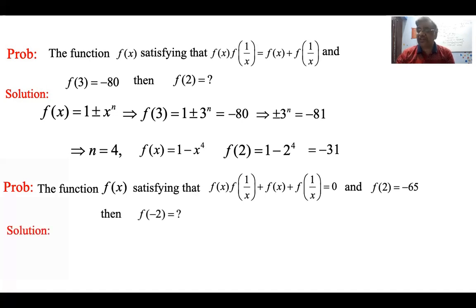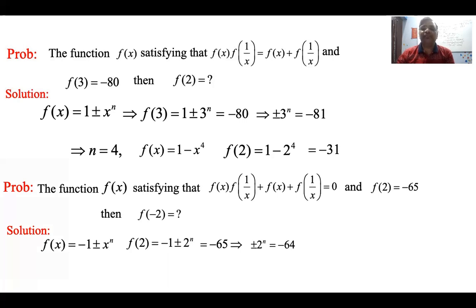Because of that condition, from concept 2 we have discussed now, f of x must be minus 1 plus or minus x to the power n. Now f of 2 is minus 1 plus or minus 2 to the power n, given as minus 65. From this, plus or minus 2 to the power n is minus 64.